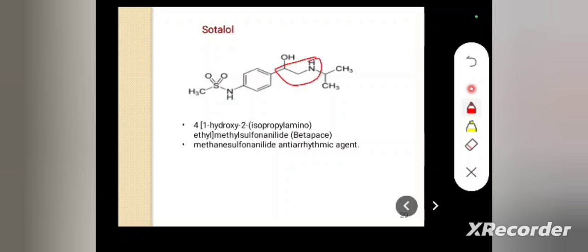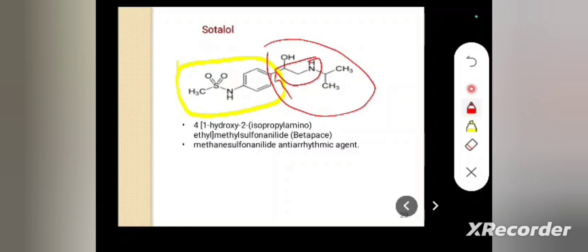So it is an N-phenyl methane sulfonamide, and on that N-phenyl methane sulfonamide at the fourth position, here is the substitution of 1-hydroxy 2-isopropylamino ethyl.